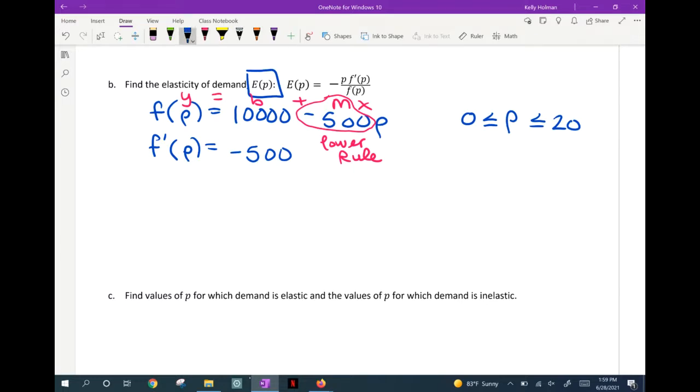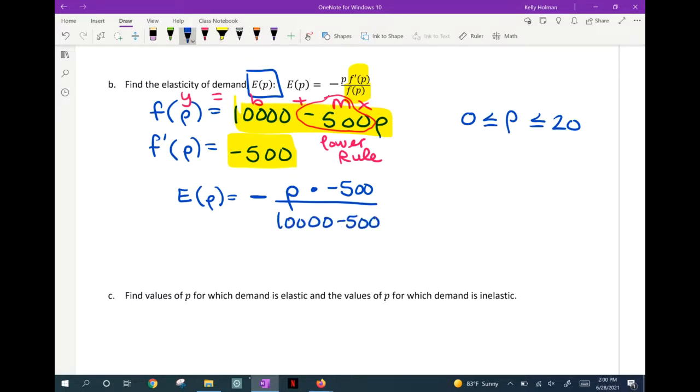Okay, so let's go ahead and do our calculation. So what would my E of p be? There's a negative built into the formula, a price built into the formula. Then I do the derivative of my function, which we just found. That was negative 500. And then we do the original function, which was this rule up here, 10,000 minus 500p.